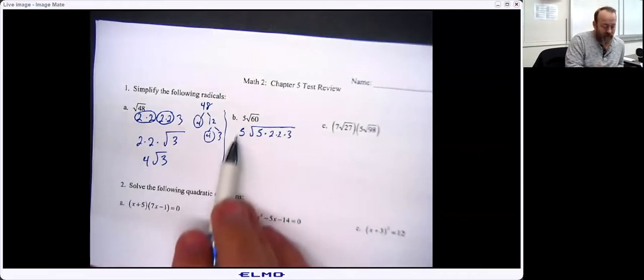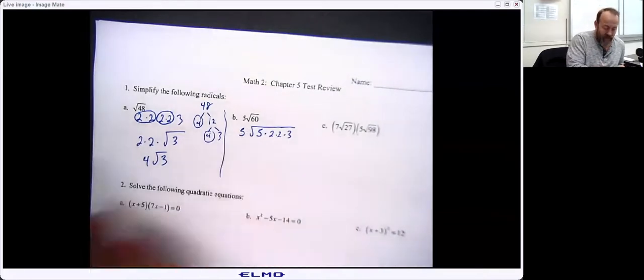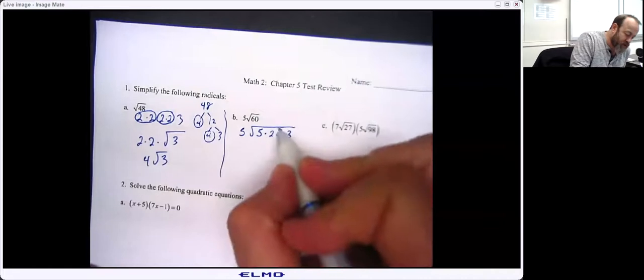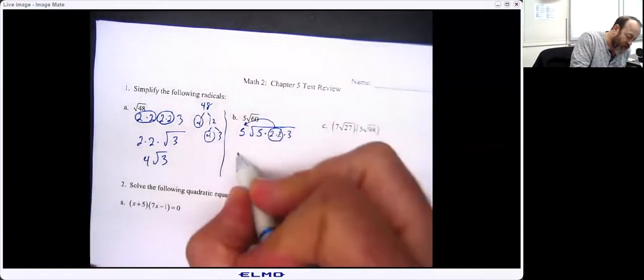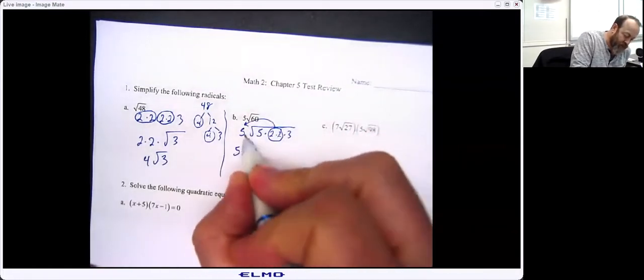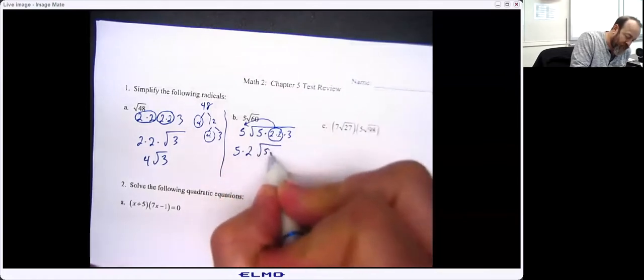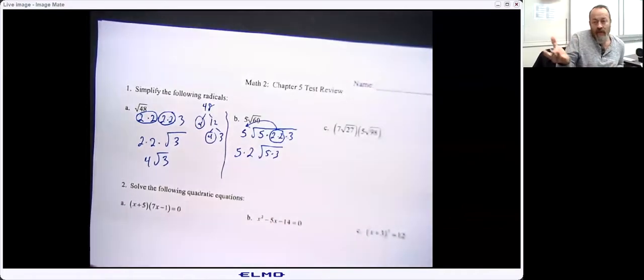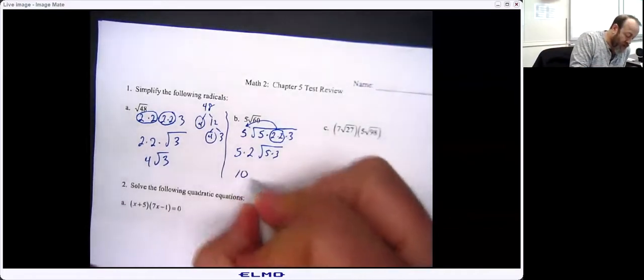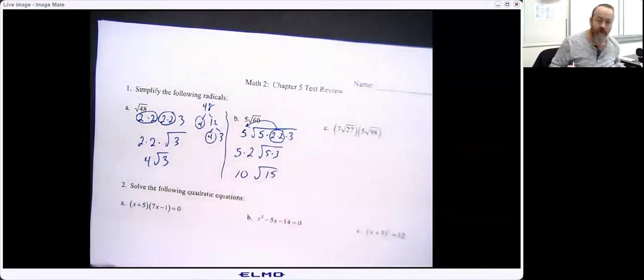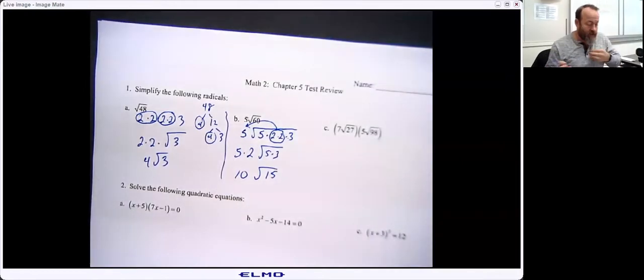But remember, this is kind of already like somebody's already laid those 2 5s down and we're good. So we're just going to go ahead and bring those 2 out. So we still have our 5 that was already part of our story. The 2 comes out. We still have the 5 and the 3 inside. We don't have a pair for those. So putting it all together and expressing it would be 10 roots of 15. And that's going to kind of finish our story.